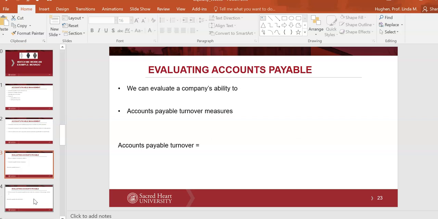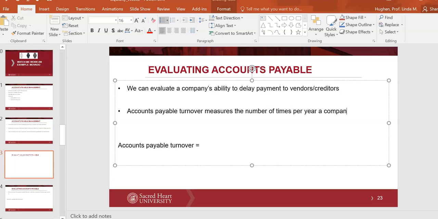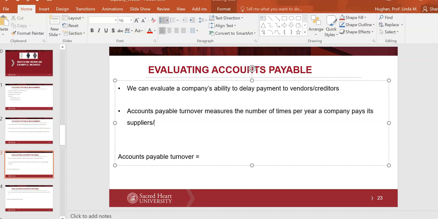We can evaluate a company's ability to delay payment to vendors, or sometimes we call these creditors. Because remember, we want them to be able to do that. This is free. Rather than paying the cash to pay a bill today, you do other things with this cash. Accounts payable turnover measures the number of times per year a company pays its suppliers, or vendors.